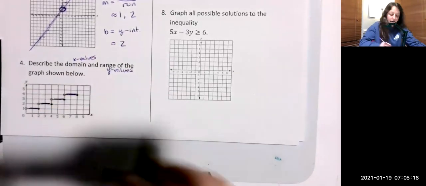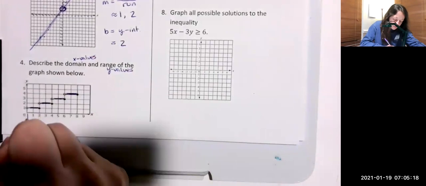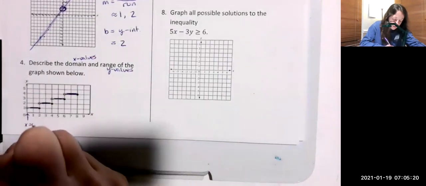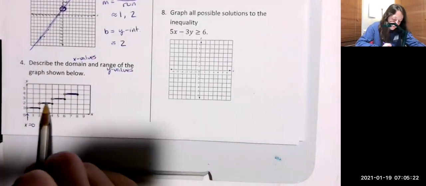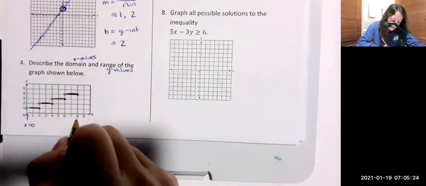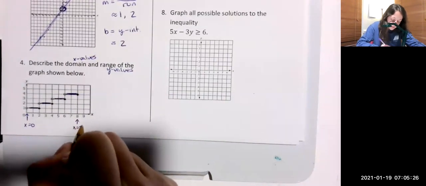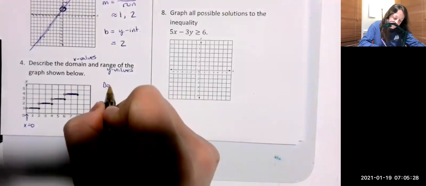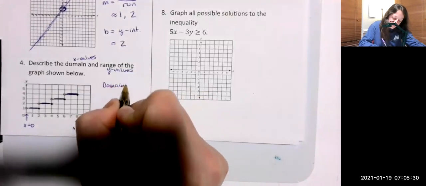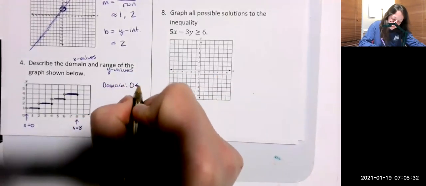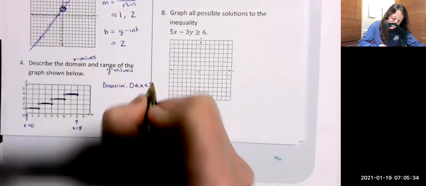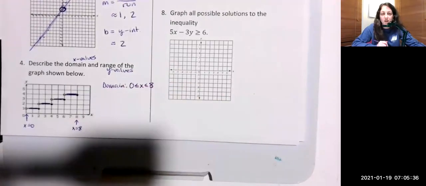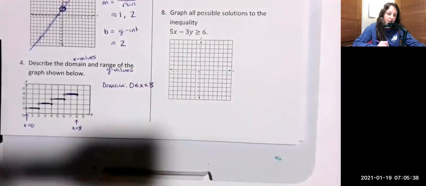So basically, our x's start at 0, and then they get covered all the way up to 8. So my domain is from 0 to 8.